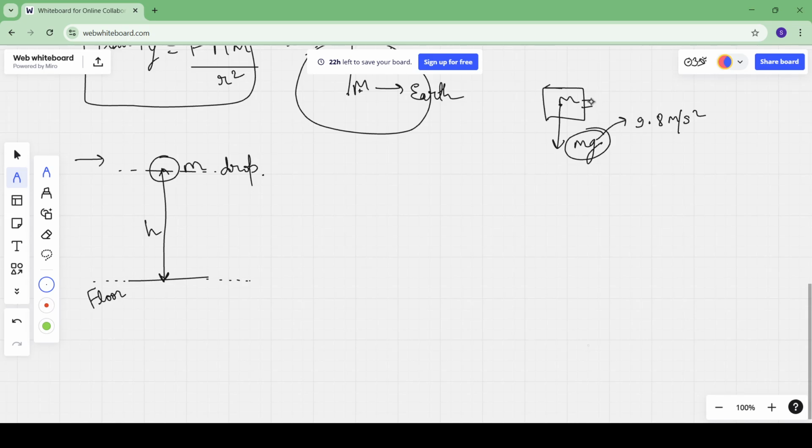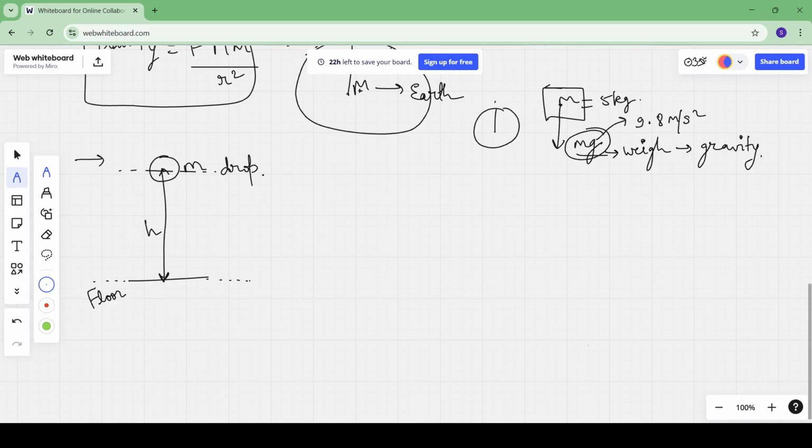The mass can be 5 kg or anything. So this mg is the weight of the object, and this is nothing but gravity, the force with which the object is attracted by the earth when the distance is comparatively small relative to the radius of the earth.